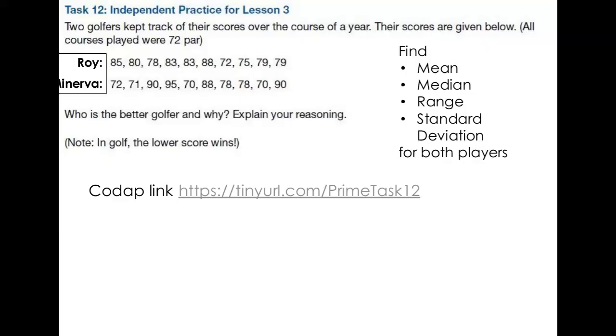So here is the problem as you are typing in this link. It says 2 golfers kept track of their scores over the course of a year. Their scores are given below. All courses played were 72 par. For Roy, he has 1, 2, 3, 4, 5, 6, 7, 8, 9, 10 scores. Minerva has 10 scores. Who is the better golfer and why?